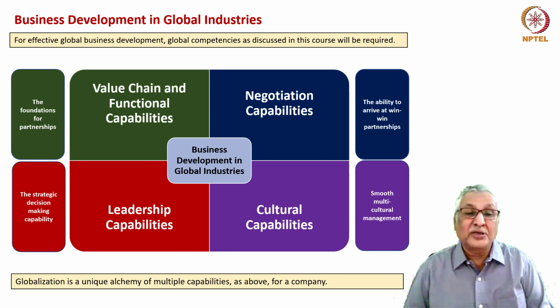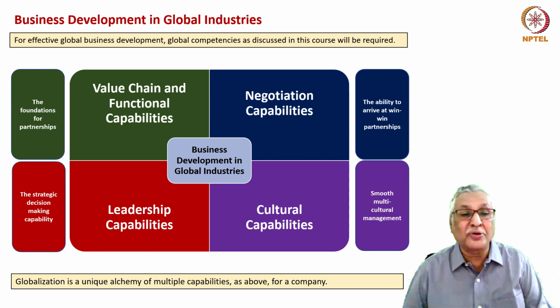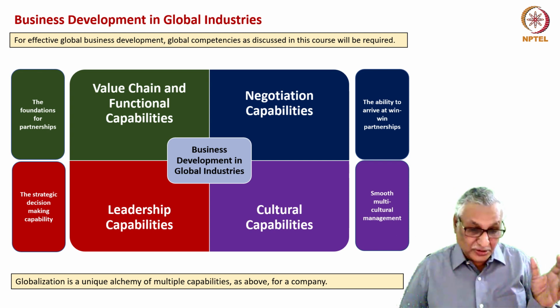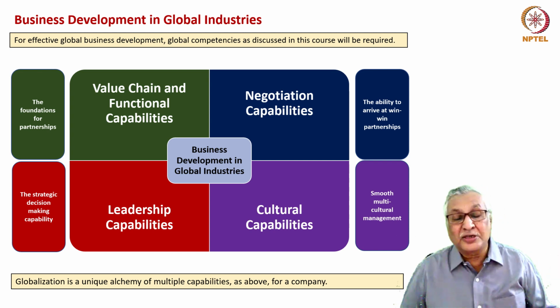The business development divisions of individual companies have to identify the value chain components and the functional components of their companies which would be valuable for the foreign partners to develop partnerships. And this must be accompanied by first class negotiation capabilities which arrive at win-win platforms, the ability to straddle multiple cultures and have smooth cultural interfaces, be it the Oriental culture of Japan or the prim and proper culture of the United States.